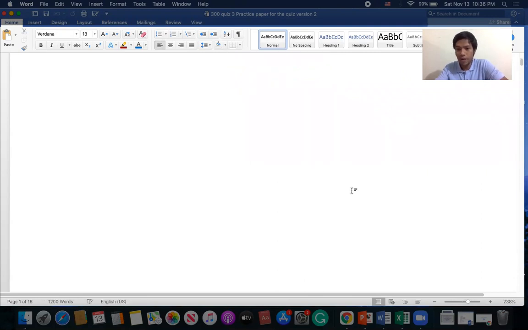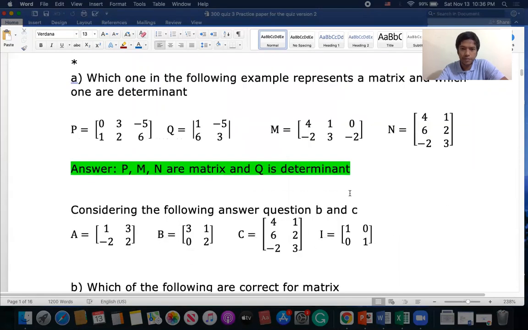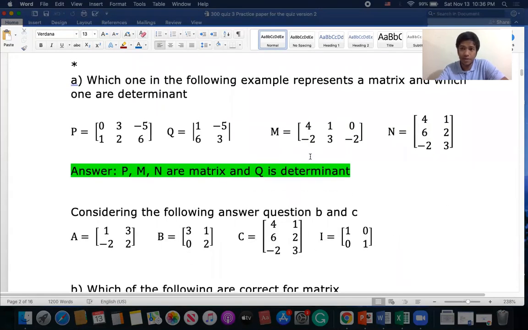So only one question is added here, and that is this first question. This question we somewhat discussed in our class, but here we have it with examples and in some organized way, like A, B, C. So the first question is, which one of the following here is matrix and which one is determinant? Some examples are given. You will have to find out which one is matrix and which one is determinant.